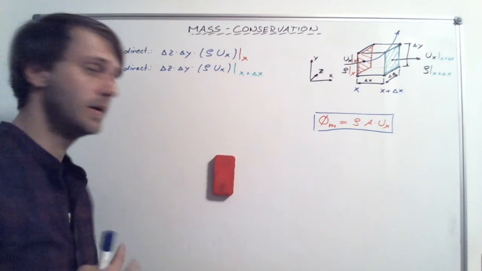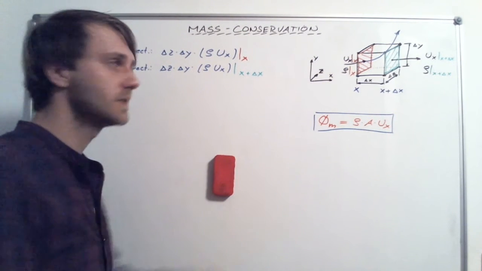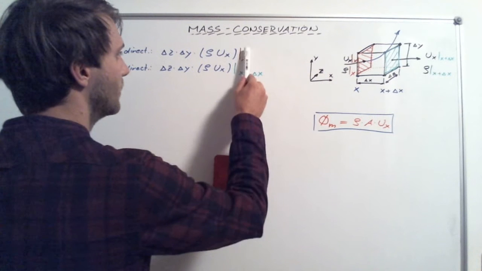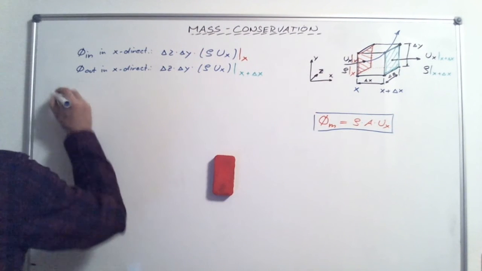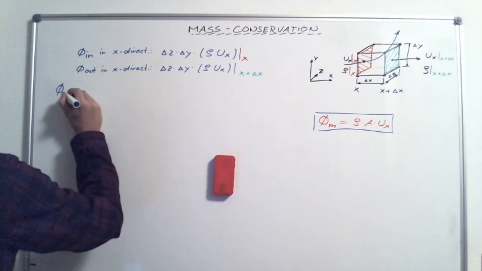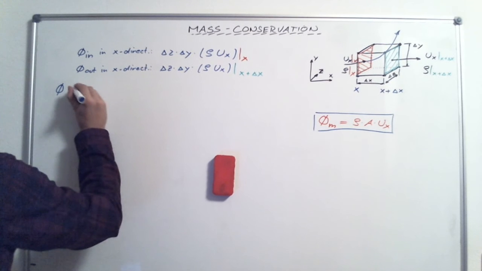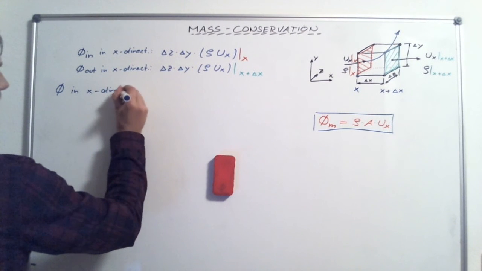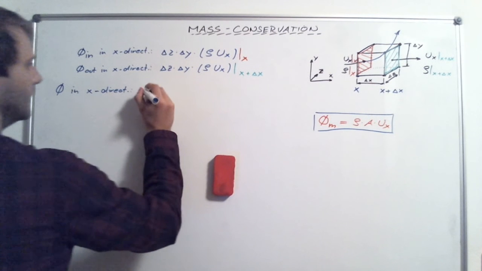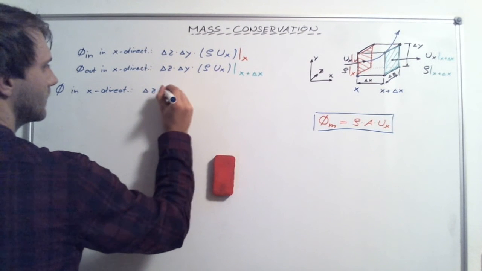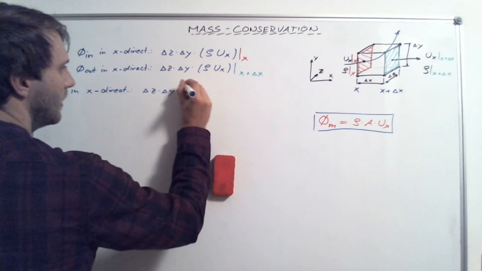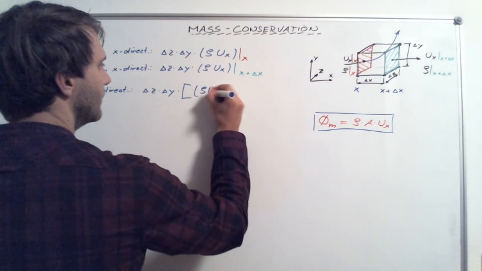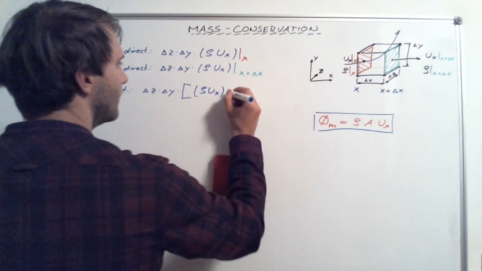So finally what we have to do is make a balance, and we just subtract what's going out from what's going in. So phi in x direction is delta z, delta y, and now I just put out the area. This should be clear for everybody.